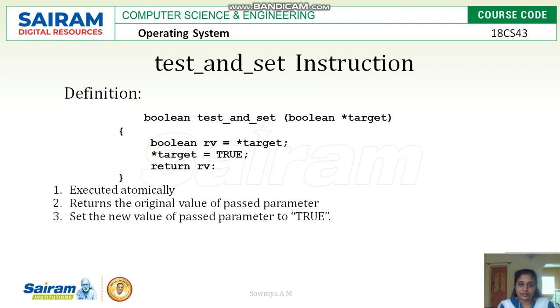The boolean function test and set takes a boolean target. The value is copied to a return value rv, the target is then set to true, and the function returns the original value of the target.